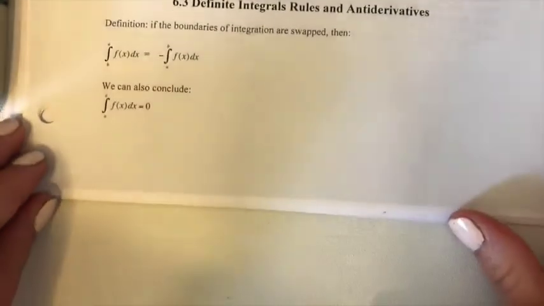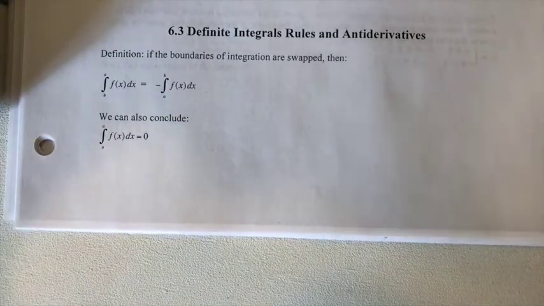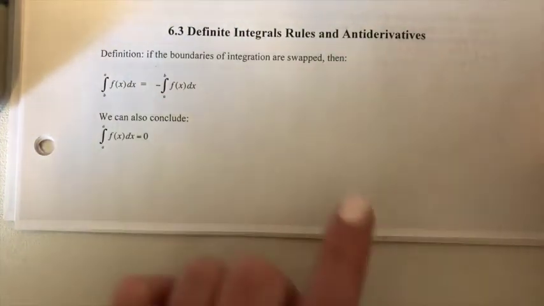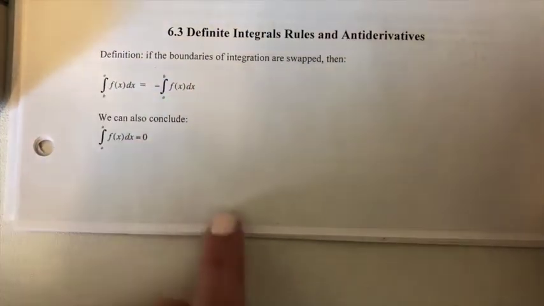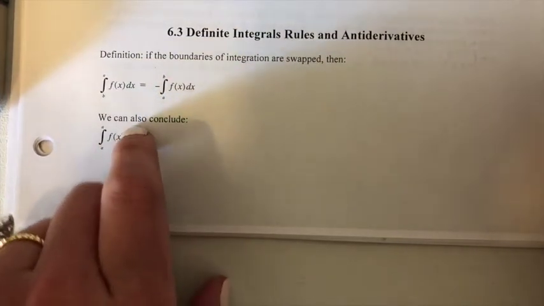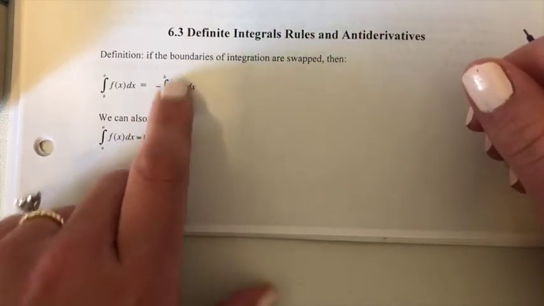Okay, now we're going to start with the new stuff. So definite integrals, rules, and antiderivatives. We're going to start with the definition. If the boundaries of integration are swapped, so if we're integrating from b to a, instead of usually a on the bottom, b on the top, that's the same thing as the negative of the original.